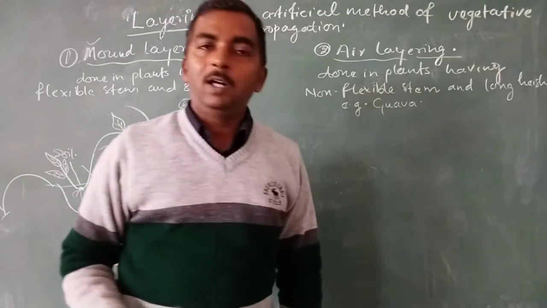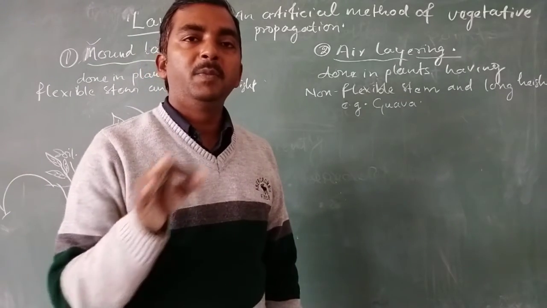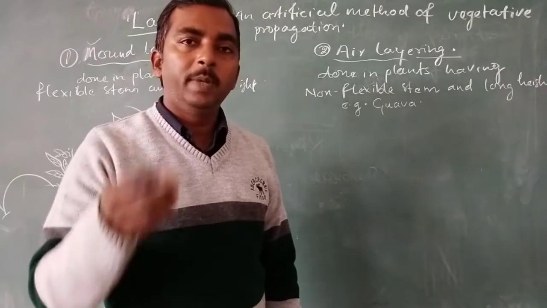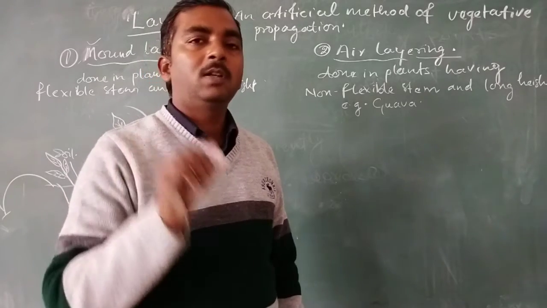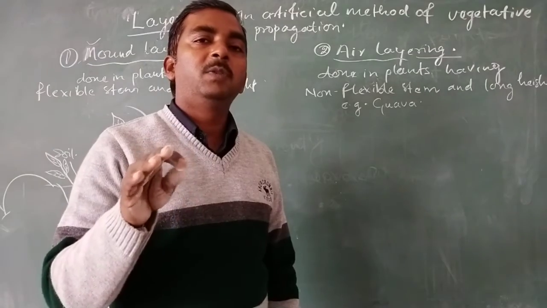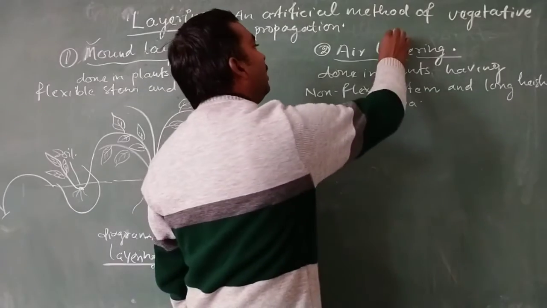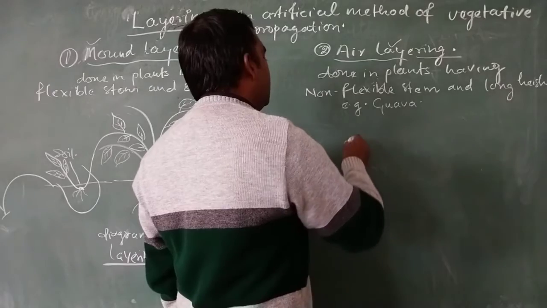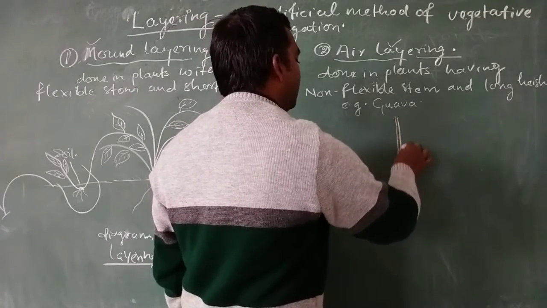In the case of guava, their stem is hard, it means non-flexible. When we try to bend it at the lower level, suppose in the case of short height of plant, we observe that the branch breaks. So in that case, air layering is the option for the layering process.